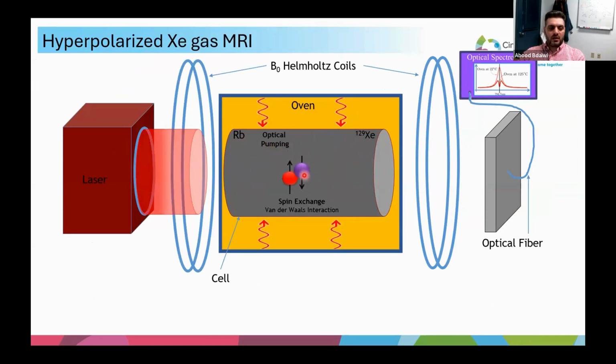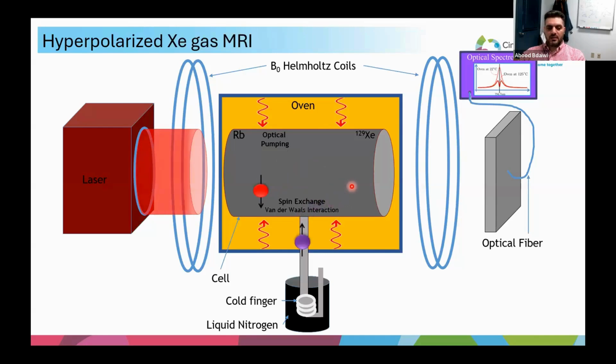Then through another process called spin exchange, they exchange the spin with xenon, and after that, we collect the xenon in a plastic bag, which we will deliver to the patient.